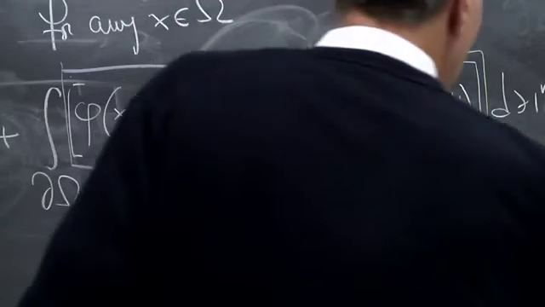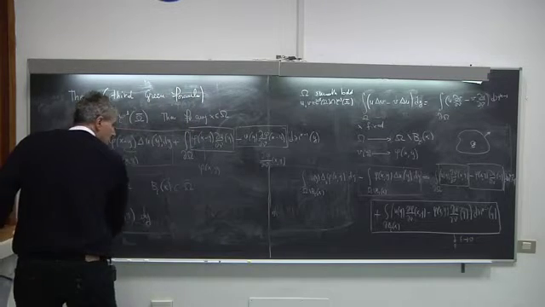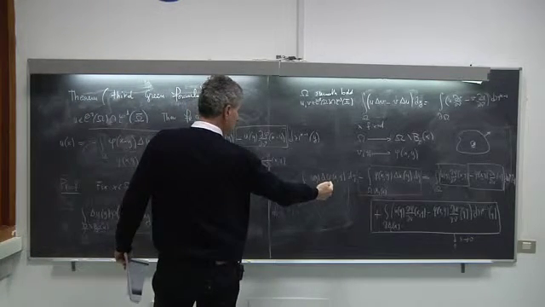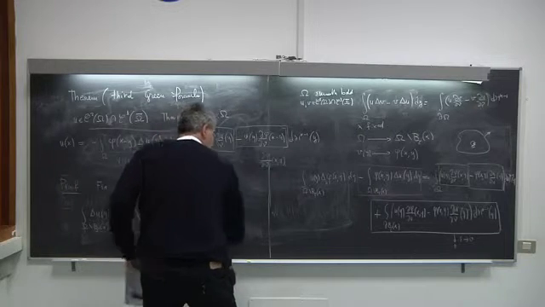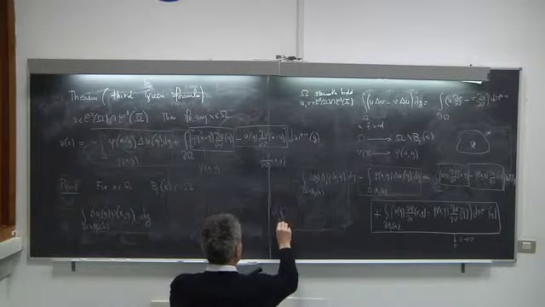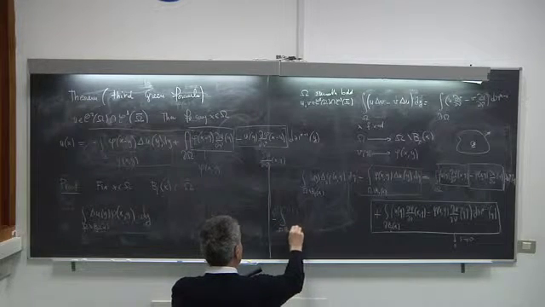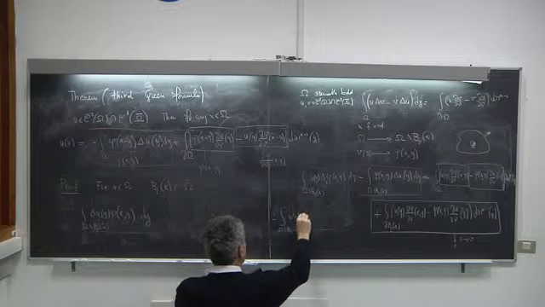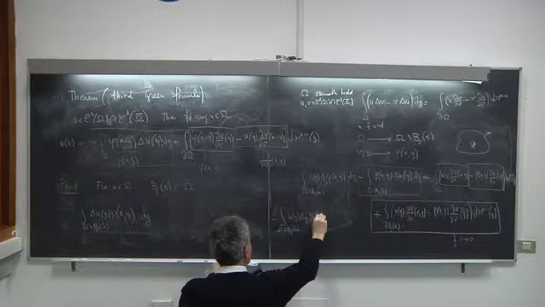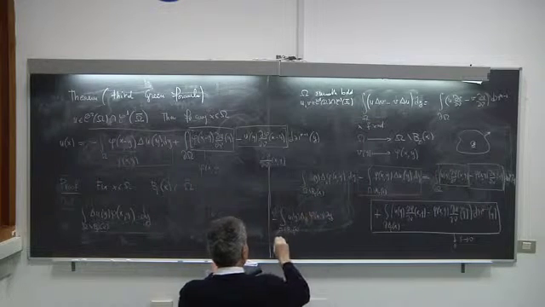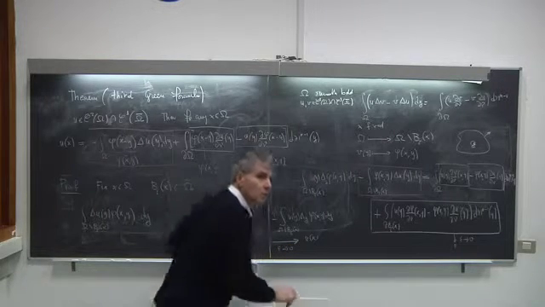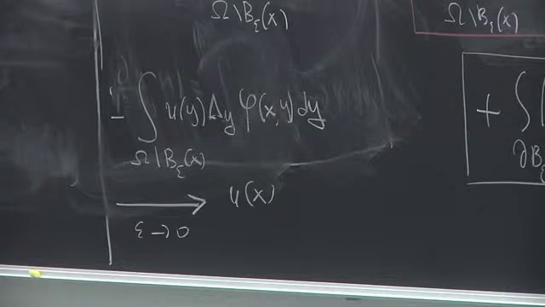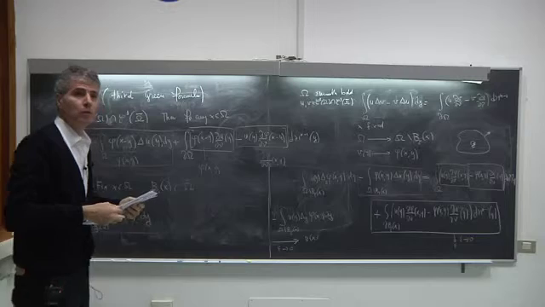And therefore, I just only have to show that this with the minus, so it remains to show that minus integral over omega minus B epsilon x of u of y Laplace phi x y dy converges to u of x as epsilon goes to 0. Do you agree?